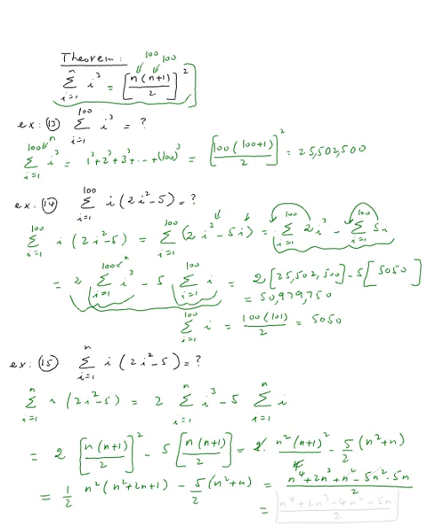This is going to be n to the fourth plus 2n cubed, n squared minus 5n squared is minus 4n squared, and then minus 5n, and then everything over 2.